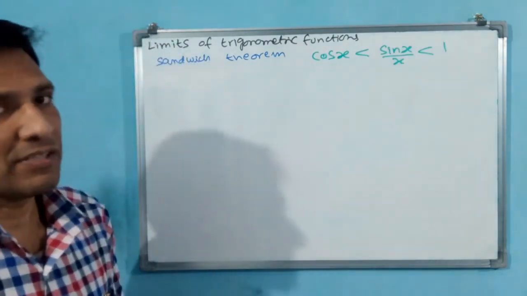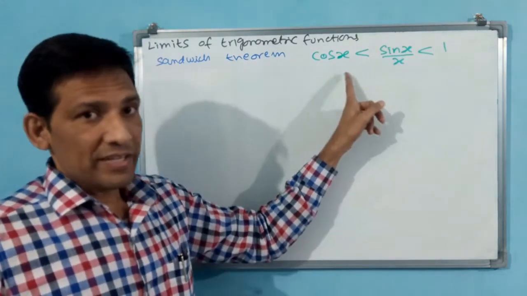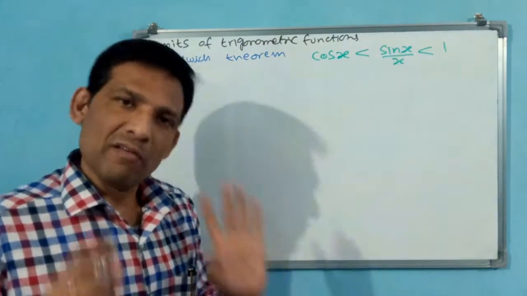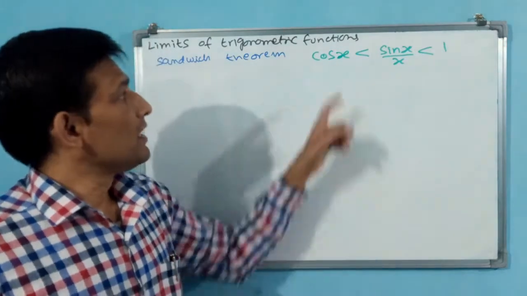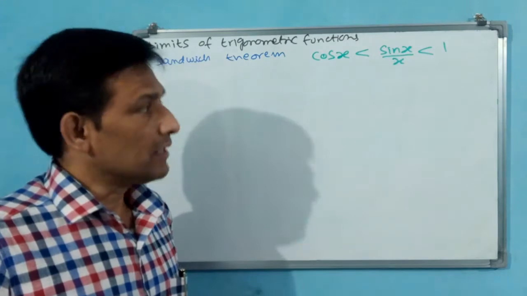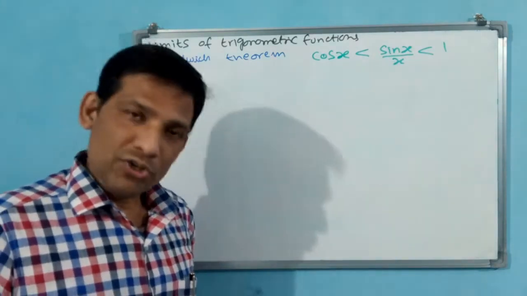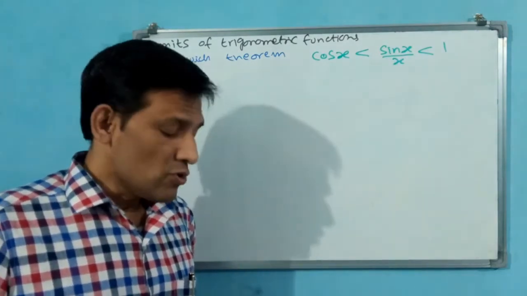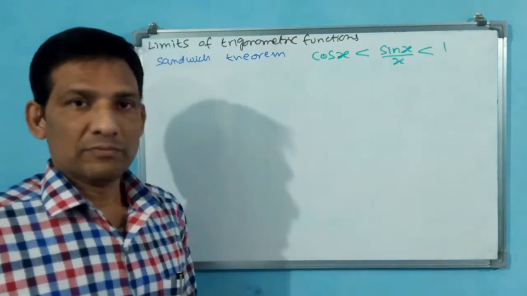See, here some conditions are there. The value 1 we know very well. 1 is 1 only, you cannot change 1. But x values you can change. Here x is a positive angle between 0 to pi by 2 radians.